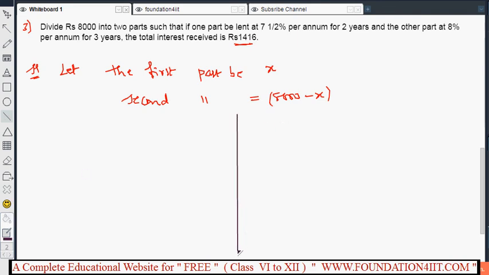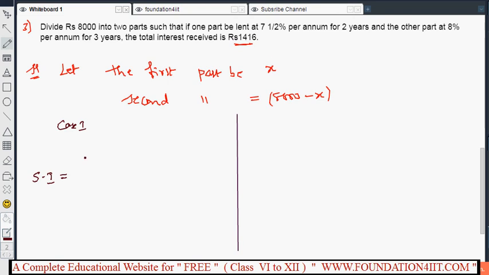Now case 1, in this simple interest, PTR by 100 is the formula.